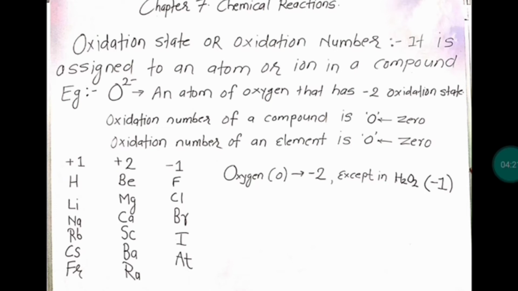And group 17 in our periodic table, fluorine, chlorine, bromine, iodine and astatine, the halogen family, have a -1 oxidation state. And oxygen in most compounds has oxidation state -2, except in hydrogen peroxide, where its oxidation state is -1.